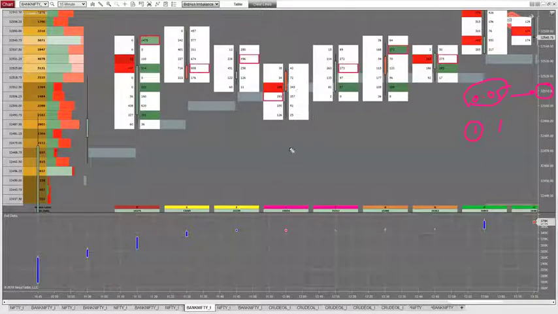But let's say you are using tick by tick data, then every box on a price ladder will be made of one tick. So you will have aggressive buyers trading at this level, aggressive sellers trading at this level, because this is the best offer and this will be the best bid at that particular point in time.